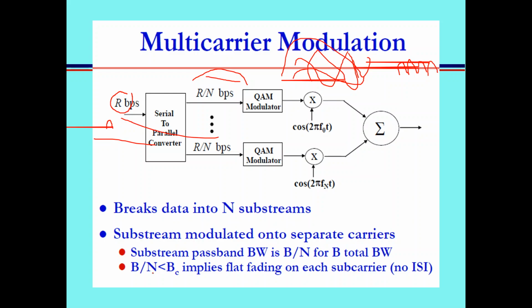What does this mean? This means that each subcarrier experiences not a frequency selective channel, but a flat fading channel, which you can equalize by simple division over the channel value. If it was frequency selective, then we didn't solve the problem of equalization.